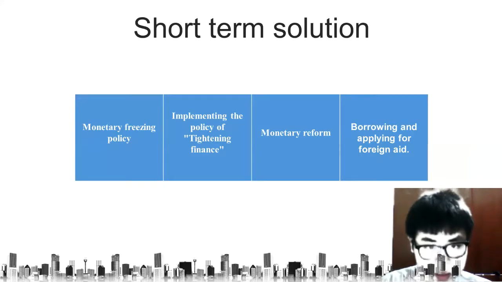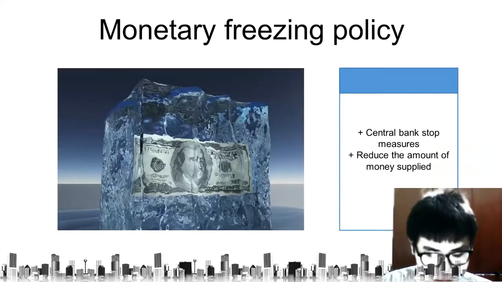The first is monetary tightening policies. When inflation rates soar, the central bank immediately stops measures that could lead to an increase in the money supply, such as the discounting and rediscounting of credit institutions and the purchase of short-term securities on the money market, and not issuing money to offset the budget deficit.